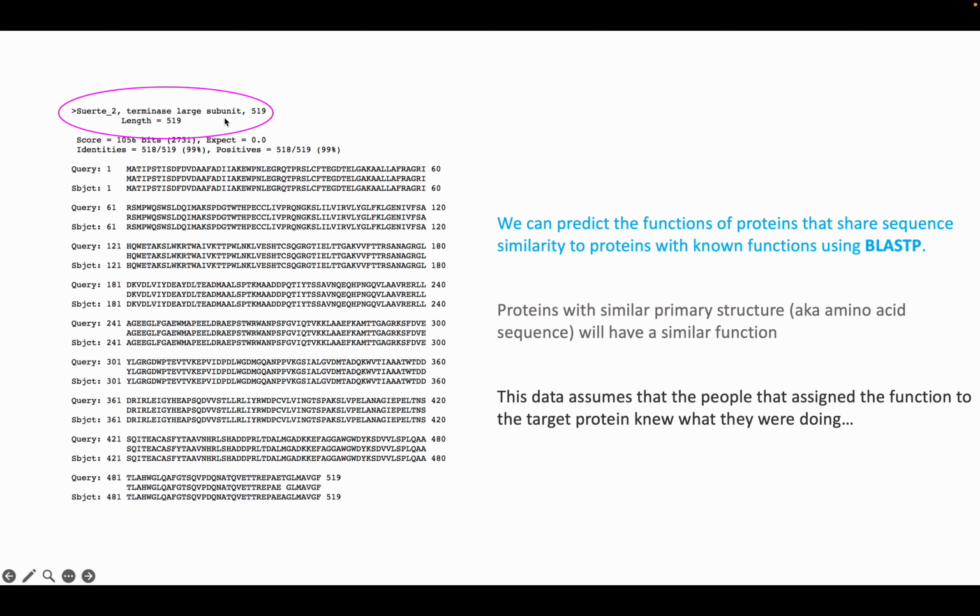So we want to be really careful when we use BLAST data to support our function assignments and make sure that we trust the original assignment in the target protein.